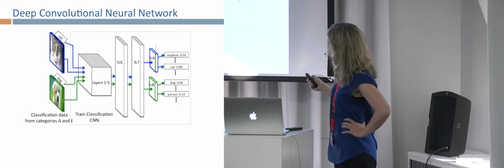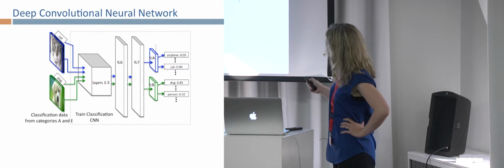The output layer works like this: the first neuron would give us a value of 1 if the image had an airplane, or if the image had a cat, this neuron over here would give us a very high value. Here we're getting 0.9 because we had a cat as an input image. So this is just classification. We put an image in, and it tells us what category that image is.